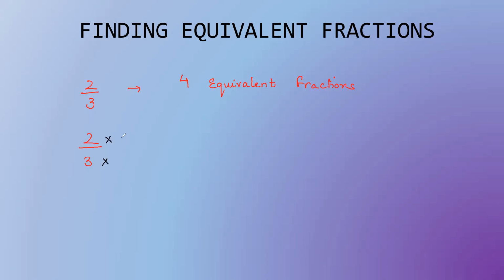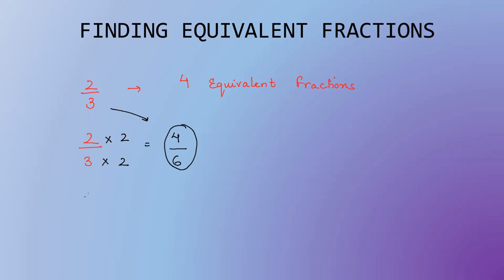Let's take the easiest one, 2. So we multiply the numerator and denominator both by 2. The numerator becomes 2 times 2, 4, and the denominator becomes 6. So 4 by 6 is an equivalent fraction to 2 by 3.